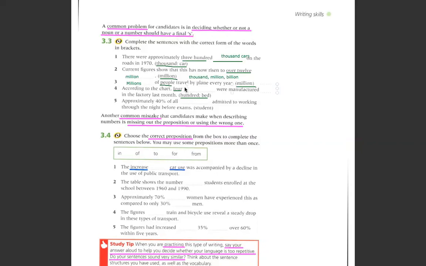Okay, so 100 doesn't change, but the noun changes to plural. What about the last one? Have a look at the word student. If we use the word all, are we talking about one or are we talking about many?